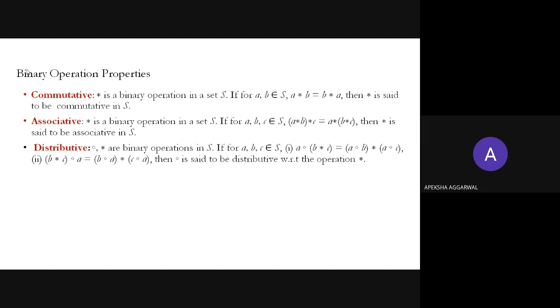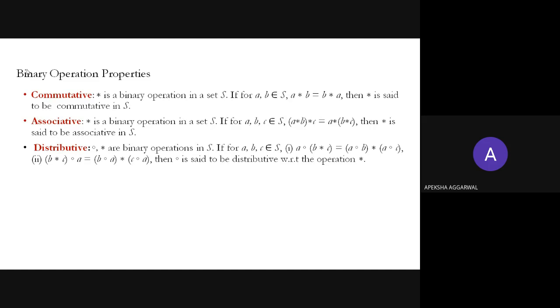Now binary operation properties: commutative, associative, and distributive. For each and every binary operation, whenever you study a binary operation, you study a few properties like commutativity, associativity, distributivity, and so on. So what is commutative?